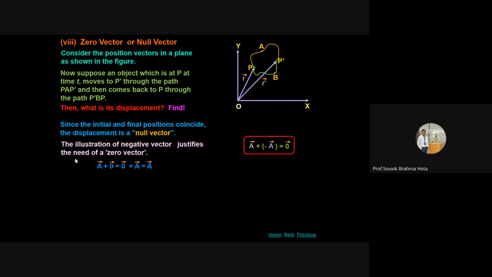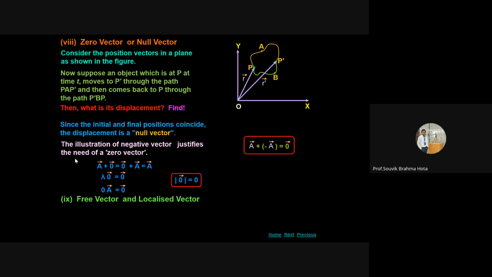Therefore A vector plus 0 is equal to 0 plus A, which is A vector. And lambda, a scalar quantity, multiplied with 0 vector gives 0 vector. 0 with A vector will give you 0 vector, and the modulus of the 0 vector is 0.